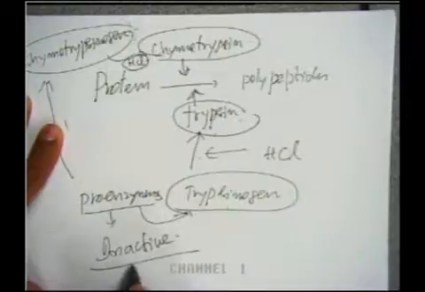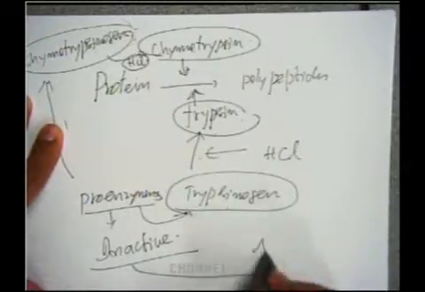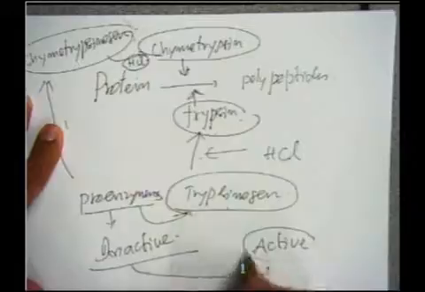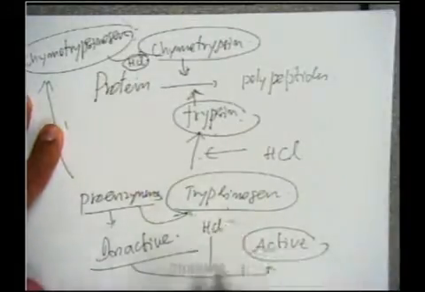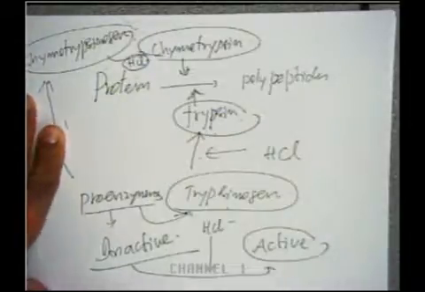So the inactive form of the enzyme goes to the active form. When you do this, you need hydrochloric acid. So that's part number one.